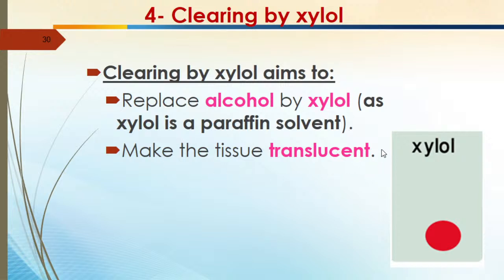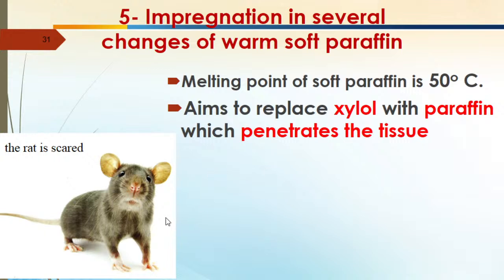It makes the tissue translucent. After the xylol bath we can impregnate the tissue in soft paraffin, melted at a temperature of 50 degrees Celsius. The aim is to replace xylol with paraffin, which penetrates the tissue.